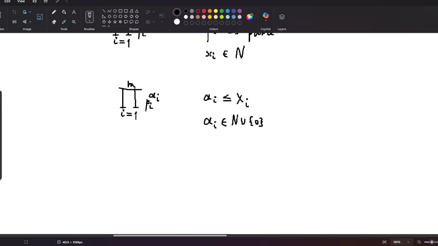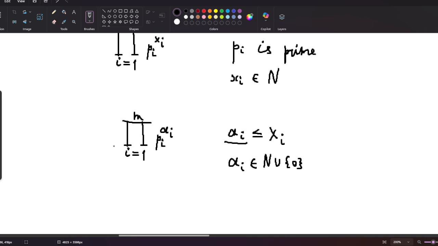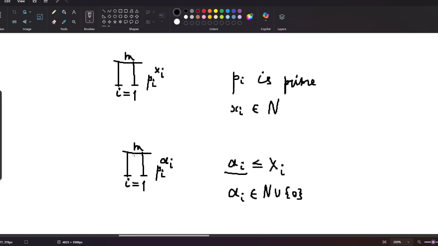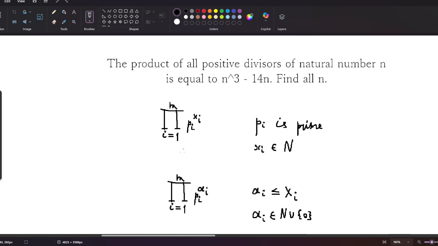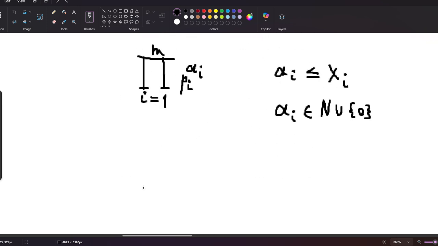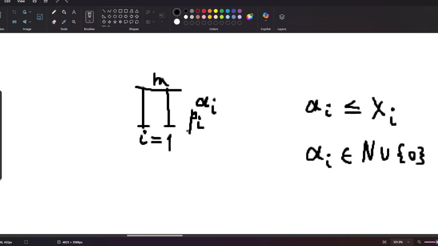So now that we have this part, it's only natural that we would want to find all possible a_i, or furthermore, try to express the product of all of these unique expressions. So let's begin by trying to find the individual primes.